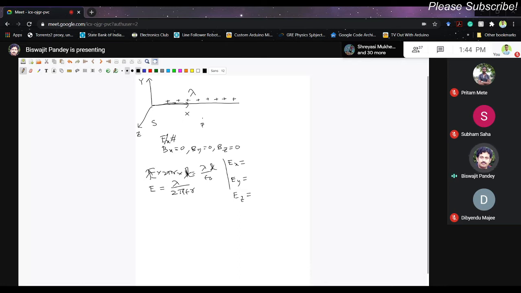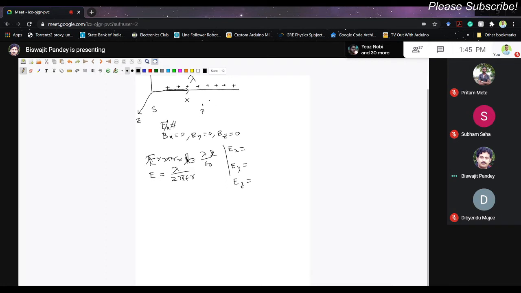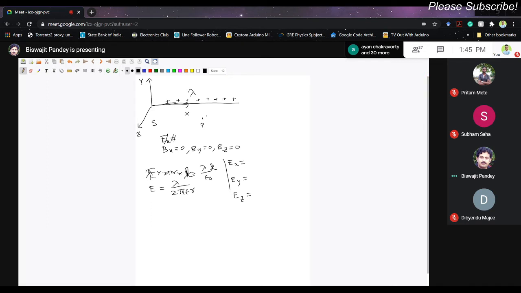You have to go to the picture in order to understand that. Suppose this is some arbitrary point P. How do you get the x, y, and z components? What is r here? You have to remember the meaning of r: it is the radial distance from the wire. Suppose this point P has coordinates x, y, z.